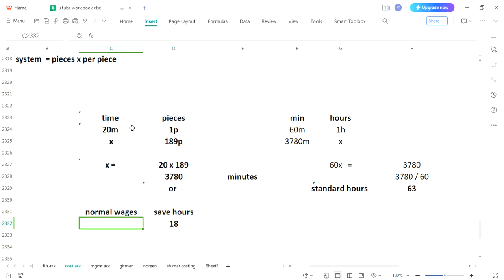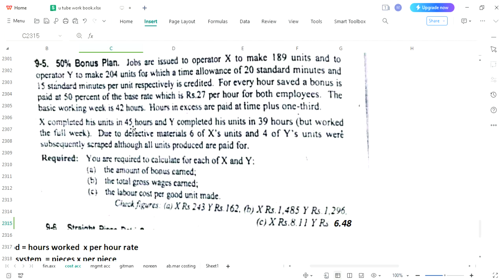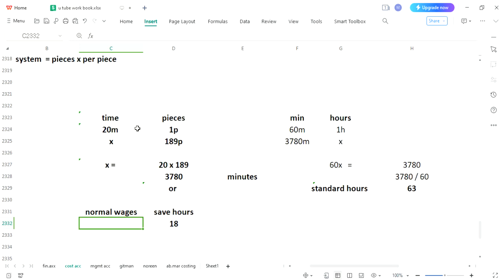Now normal wages we can calculate. Go up and look here, 27 per hour would be paid, and how much time had X taken? 45 hours. So you multiply 45 hours by the 27 per hour wage rate. In this way you have calculated your normal wages.